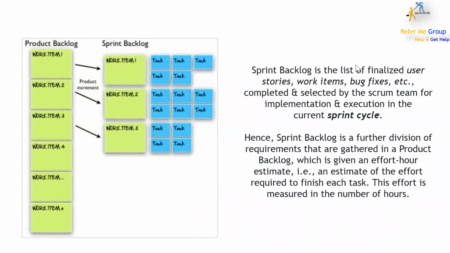Everything is kept in your product backlog, which is the ownership of your product owner. These items are kept in priority order, with the highest priority on top, then medium priority and then low priority, and in the same sequence these items will come in your sprint backlog.